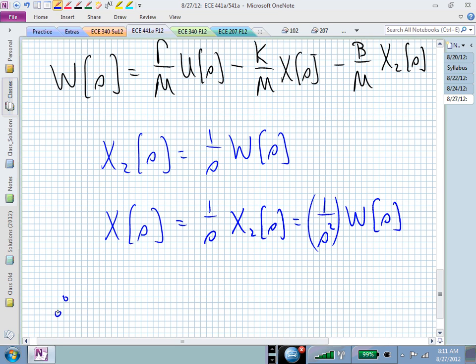Or I could say if I want W of S in terms of outputs and inputs, I now have a way of doing that.